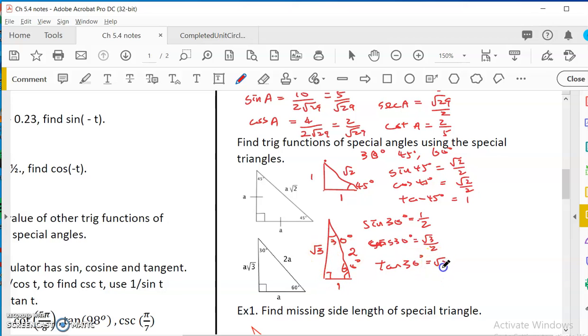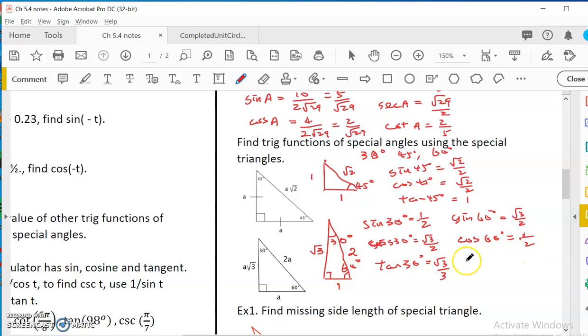So that means root 3 over 3 after we rationalize it. And then we can continue to do sine 60. Using 60 over here, SOH is root 3 over 2. And then cosine 60, CAH, so the adjacent is 1. Hypotenuse is 2, so 1/2.